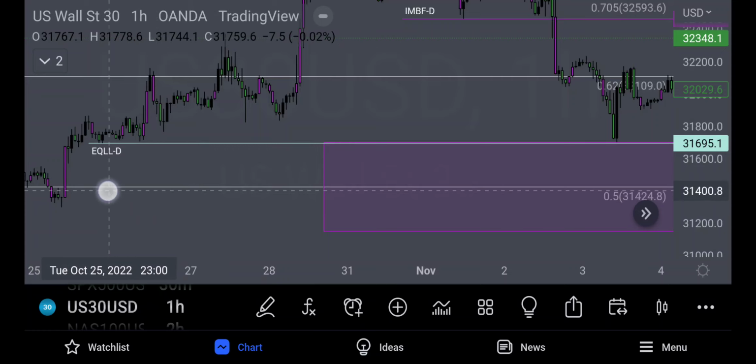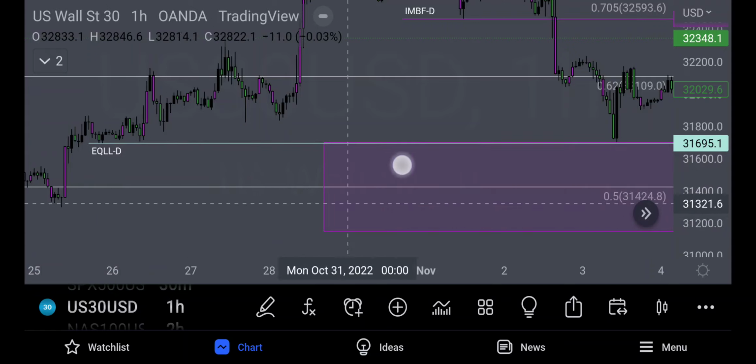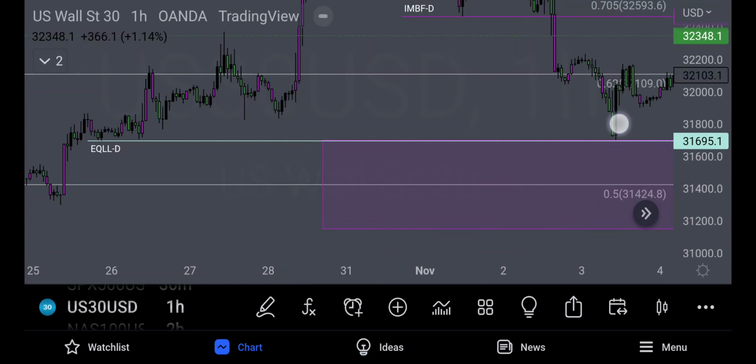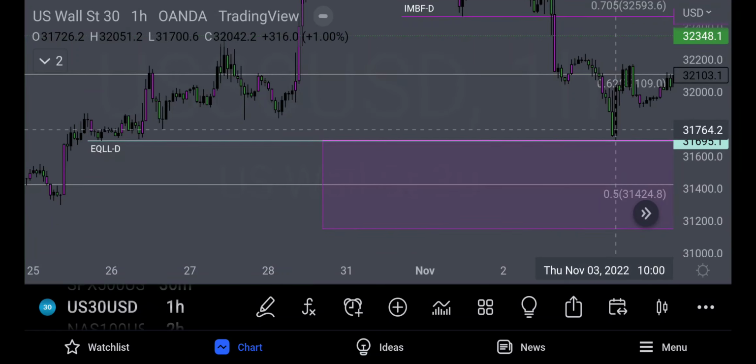If we come here and hover the cursor over there, you can see the low is 31,695 and 10 cents. Bring it over here, and we see that the low is 31,760. So relatively equal lows.